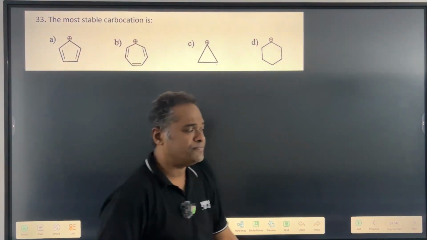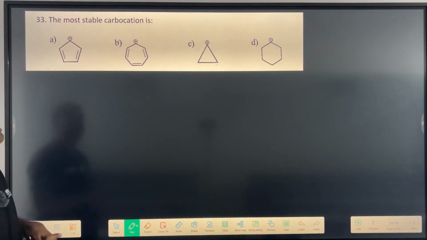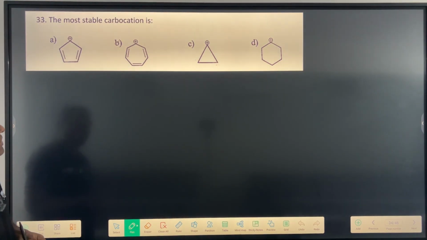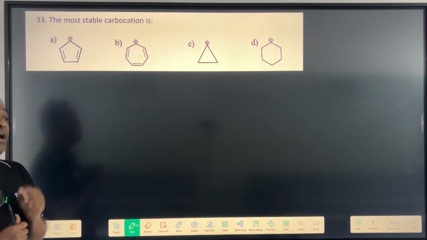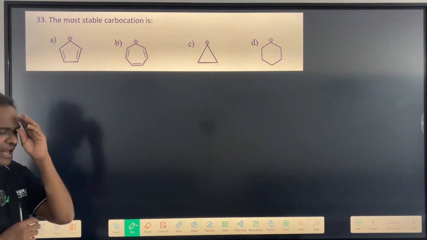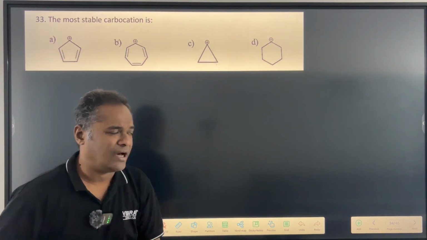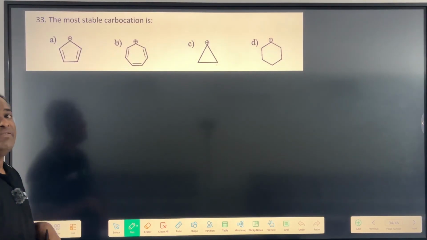What we have on the screen is the most stable carbocation. When you have stability of carbocation, and if you have a ring, first of all think a little bit about aromaticity. This is one of the very common examples we have done.